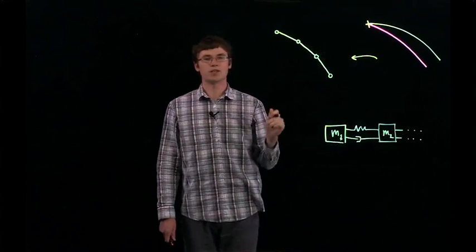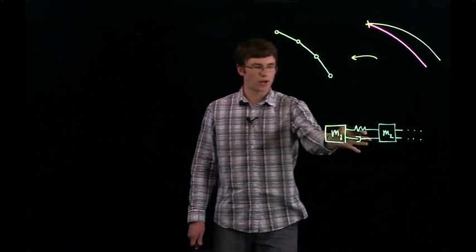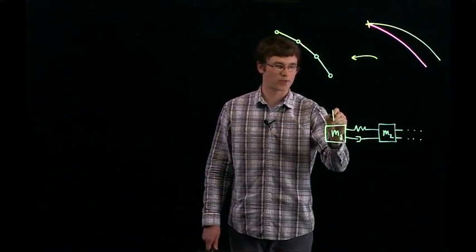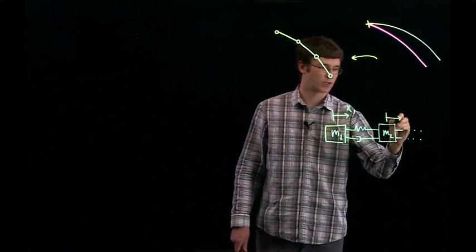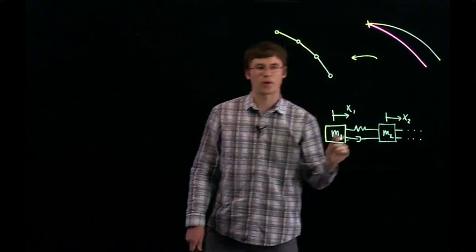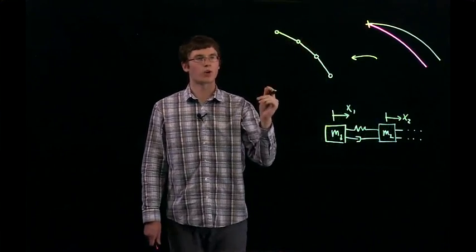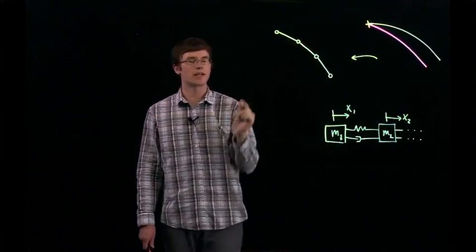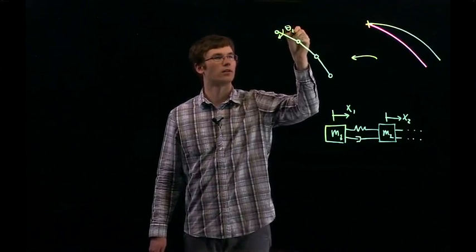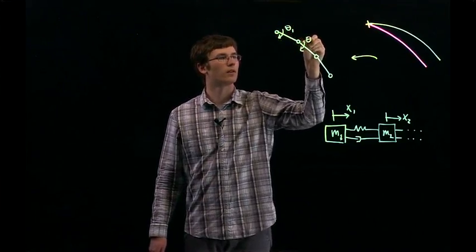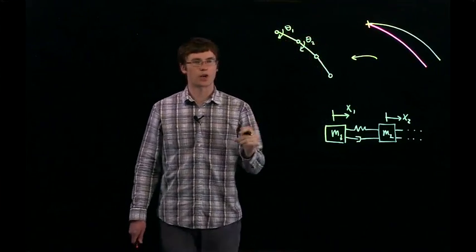The analogy between these two systems is that here we're interested in linear displacements of the masses. Let's call them x1, x2, and so on. In the whisker system, we're concerned about rotational displacements at each of the joints. We can call those, for example, theta 1, theta 2, and so on.